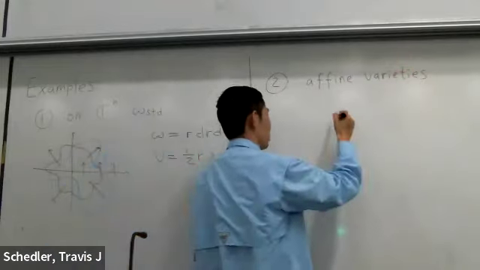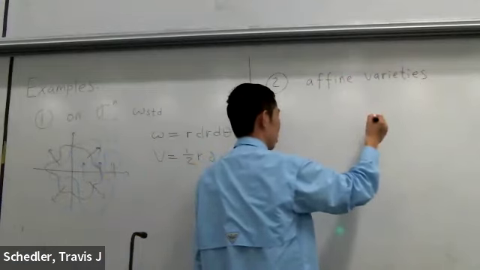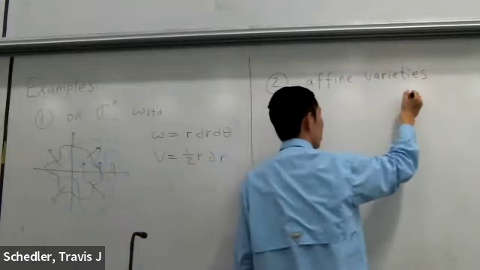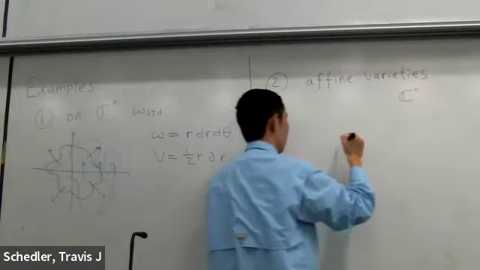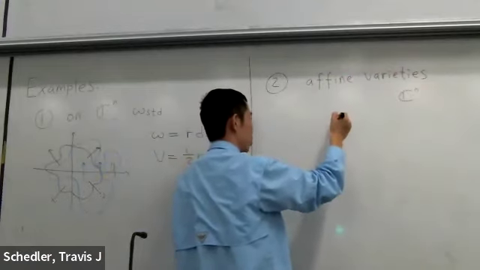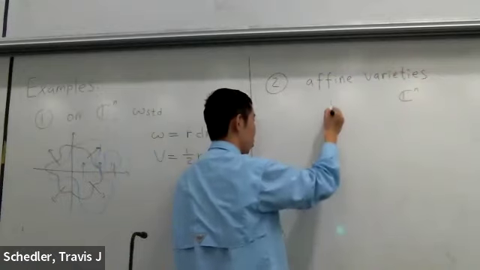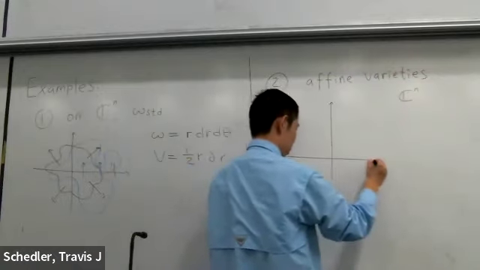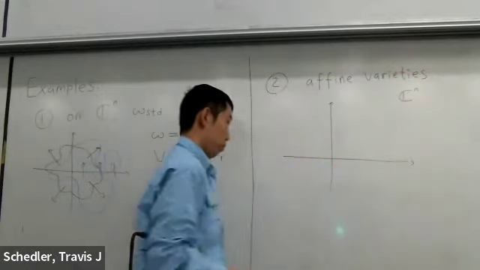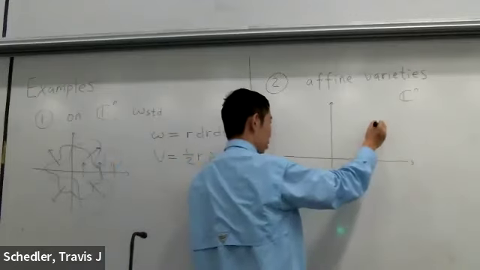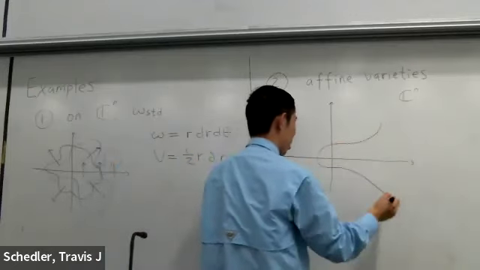I'll still show some picture. Suppose the board is Cn. You still pretend in this one-dimensional picture, you have some varieties.